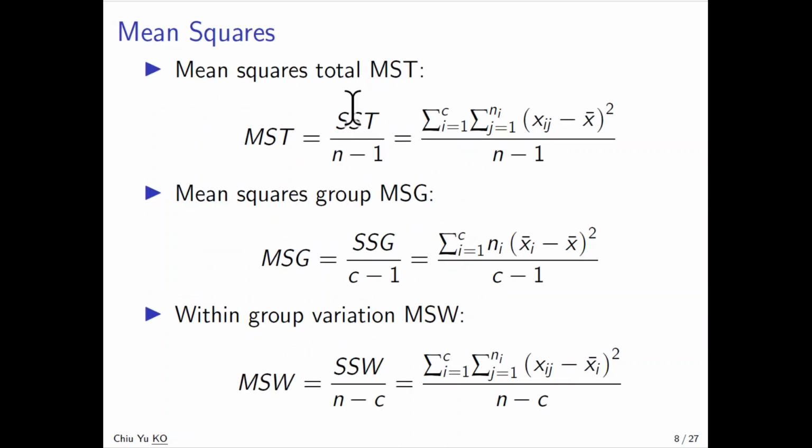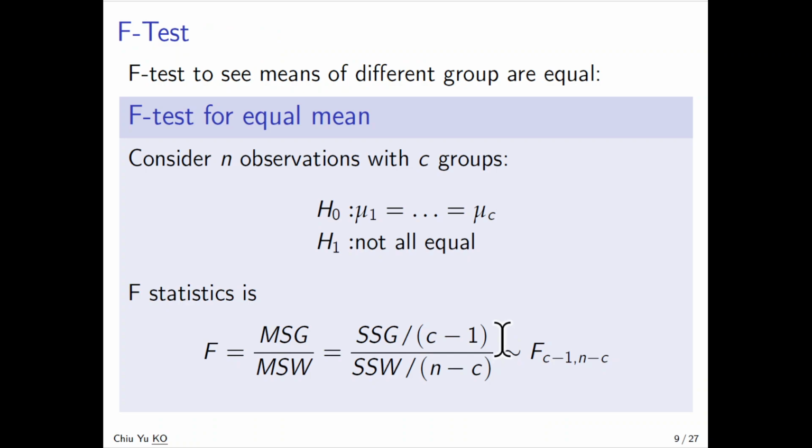As we see in the F test, we divide to get the means, called MST, MSG and MSW, by the degrees of freedom. Overall there are n observations, so n minus 1. MSG is between groups, with C minus 1. Within group variation has n minus C. The F test checks whether the means of different groups differ.